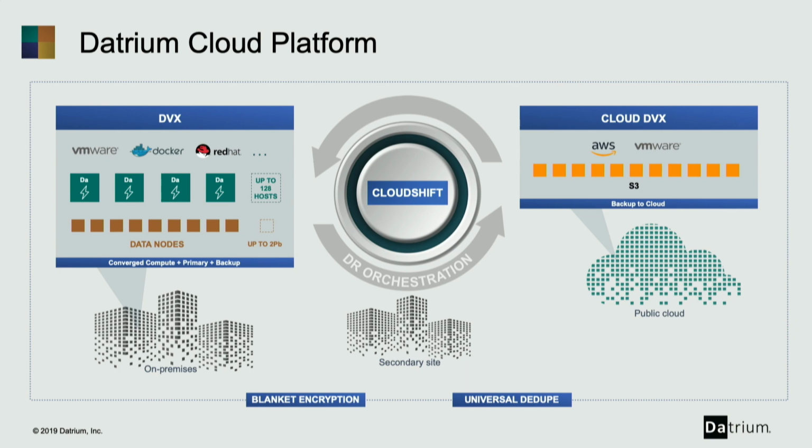There's no particular dependency with that hardware. We can run the same software in the cloud that can back up data in S3. And CloudShift is a new service offering that can help orchestrate data mobility across these environments. So it could be between two on-premises systems, or it could be from an on-premises system to the cloud, specifically on VMware Cloud on AWS.